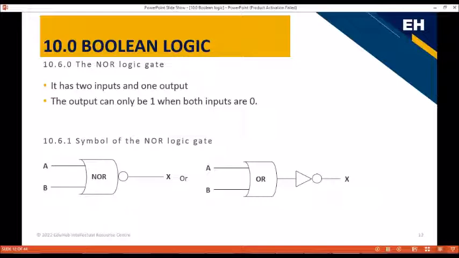Remember, in an OR gate, the output can only be 0 when both inputs are 0. But the NOR gate is a negation of the output for an OR gate.